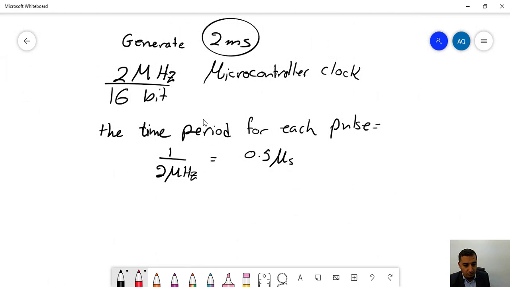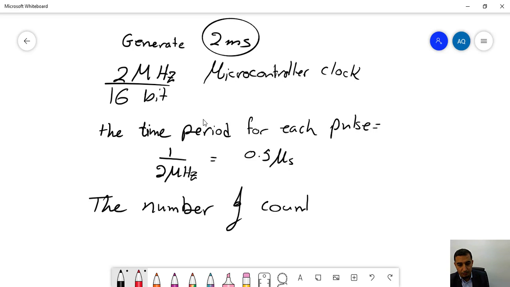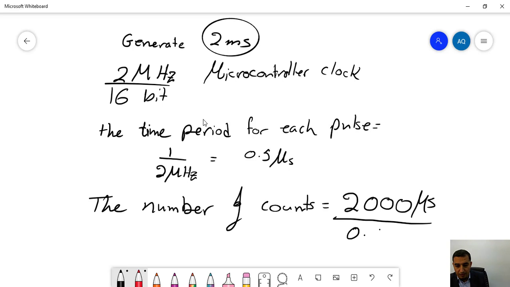So the number of counts will equal 2 milliseconds, which is 2000 microseconds, divided by 0.5 microseconds.